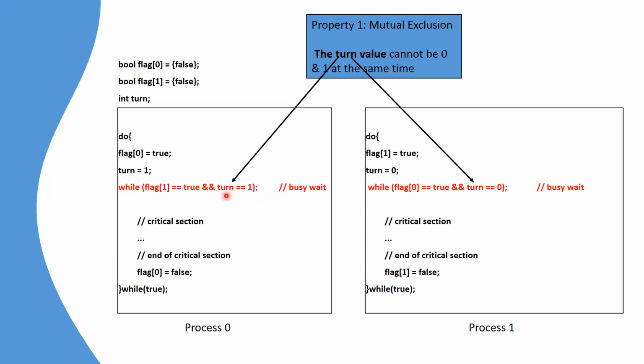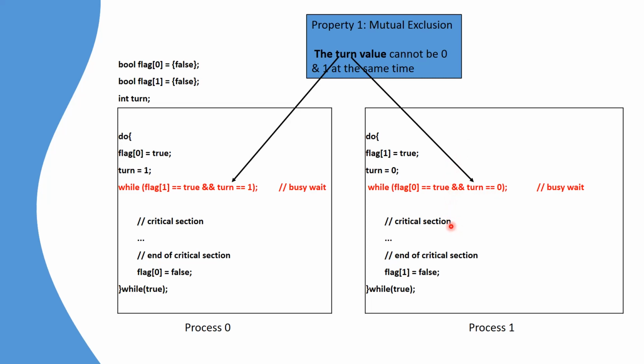If the turn value is 1, the condition is true, flag 1 is also true, so both conditions are true, so process 0 is busy waiting. Because the turn variable cannot be 1 and 0 at the same time, here it is 1, and 1 is not equal to 0, so this condition is false, while this condition is true, since flag 0 is true. So the resultant is false, and process 1 can enter the critical section.